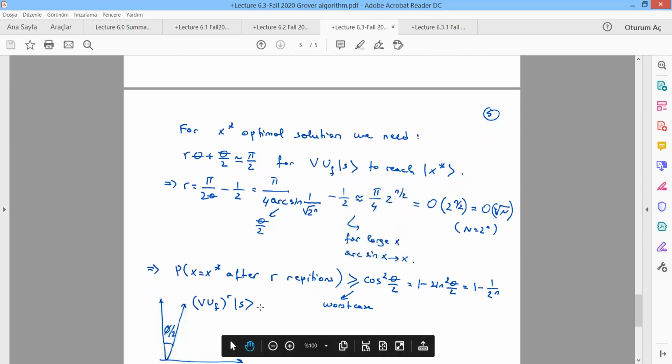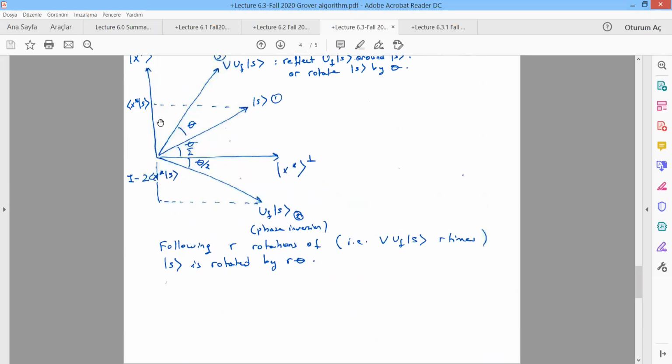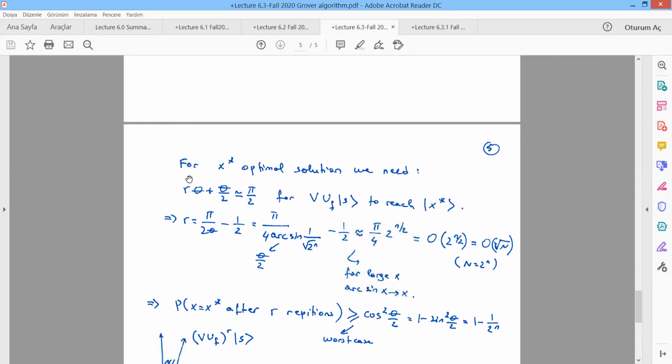It's also not difficult to show. For the optimal, we need r theta plus theta over 2, because remember, we start with this angle theta over 2, and at each iteration, we rotate this ket S vector with an additional theta. So this is theta over 2 plus r theta, introduced by r times application of the circuit.